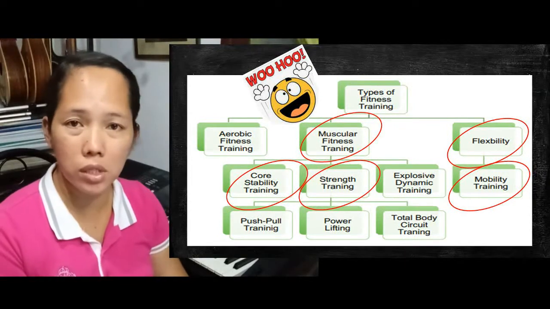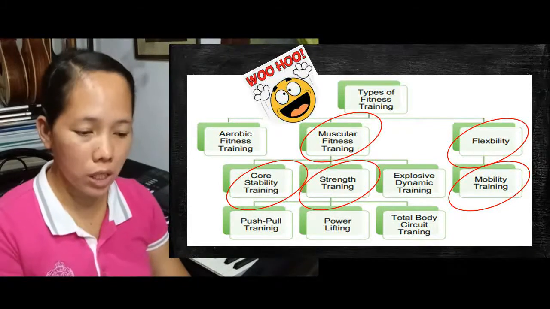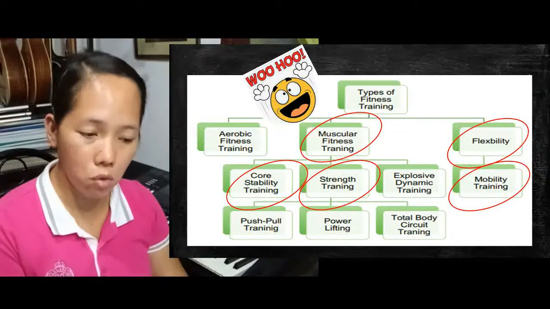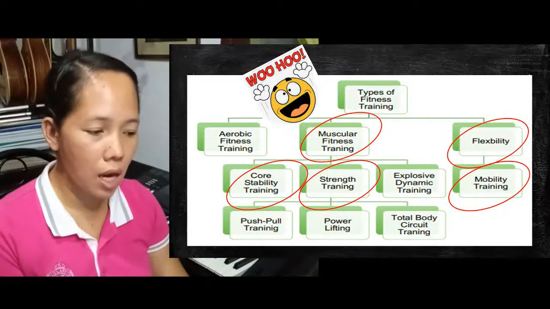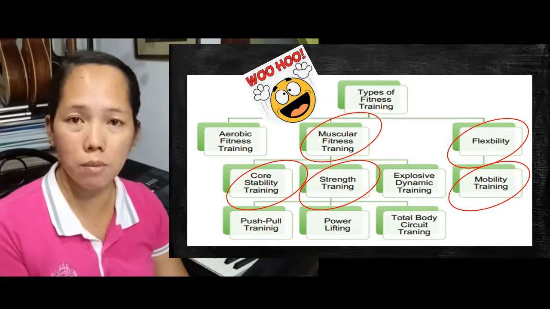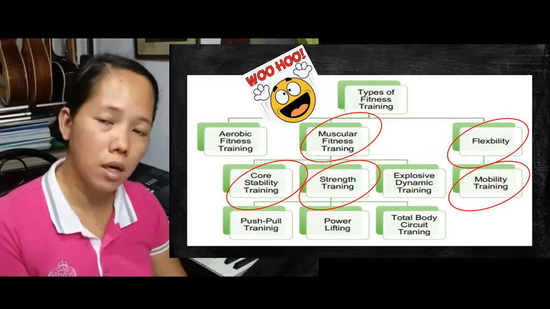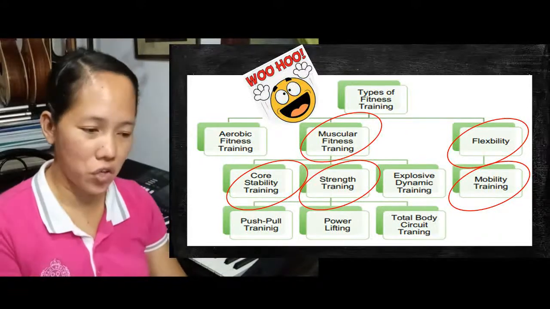We will be focusing on the muscular fitness training, in which we will be performing core exercises, core stability exercises, strength exercises, and also the flexibility exercises and mobility exercises.